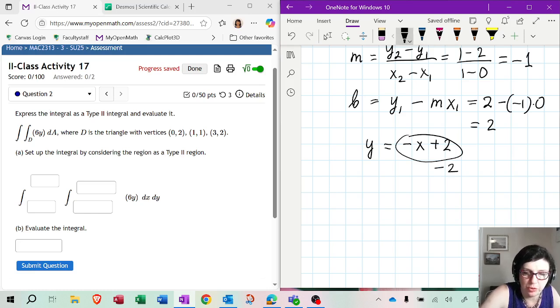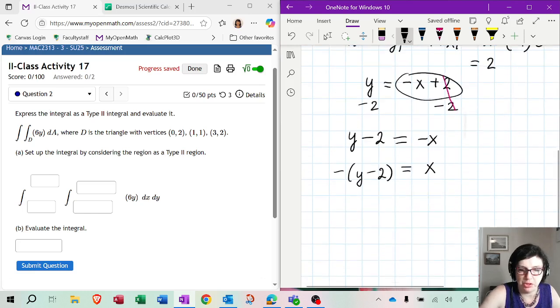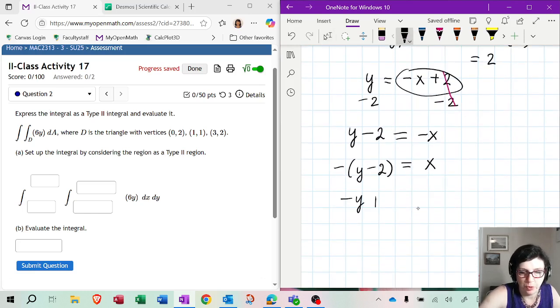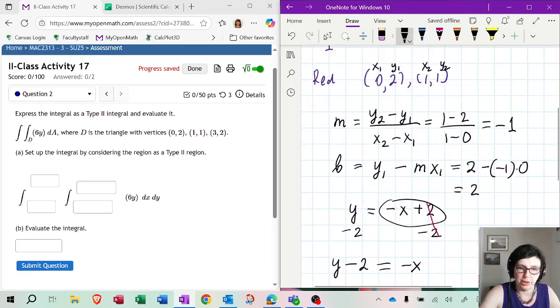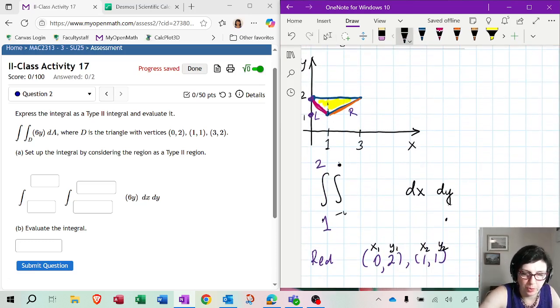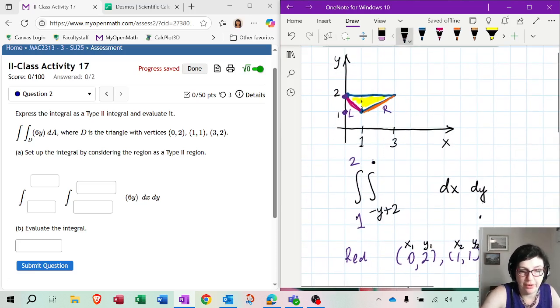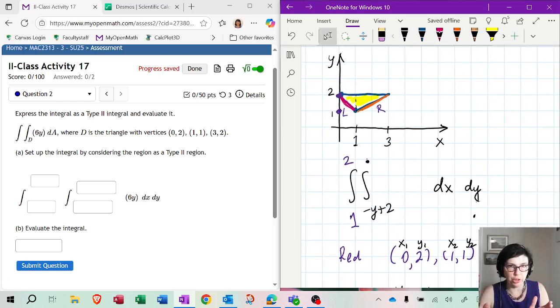We subtract 2 from both sides, so I get y minus 2 equals negative x. Then I multiply both sides by a negative, remembering to distribute the negative to both terms, and we get x equals negative y plus 2. That goes as your bottom limit, which is the left curve. So for a type 2 region, it's left to right.